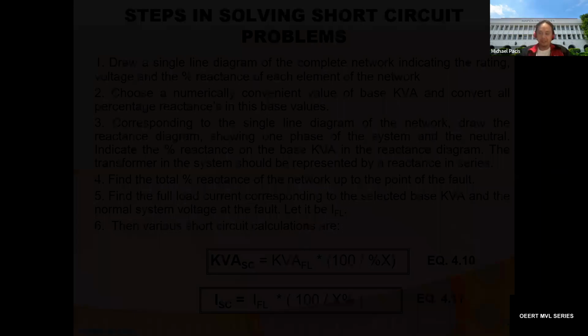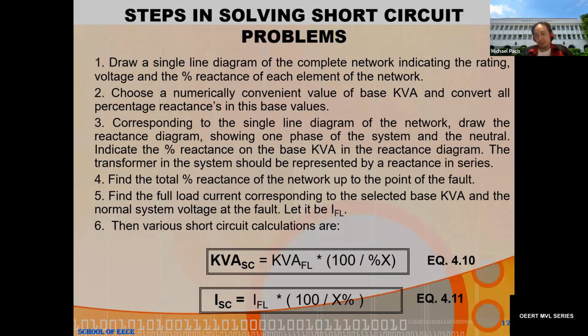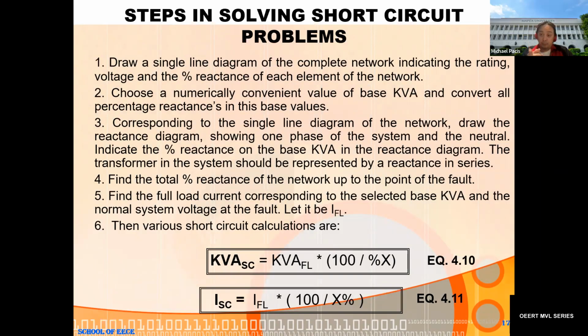Okay, now, since we already discussed the basic fundamentals, and 4.10 and 4.11 were already discussed from the previous slides, this is the so-called 6-point algorithm. It has 6 procedures in order to solve a short circuit.